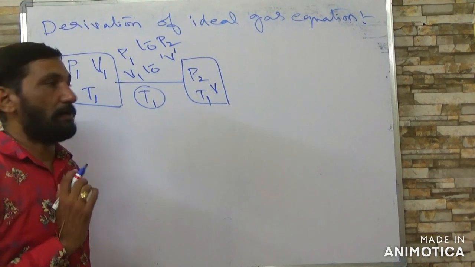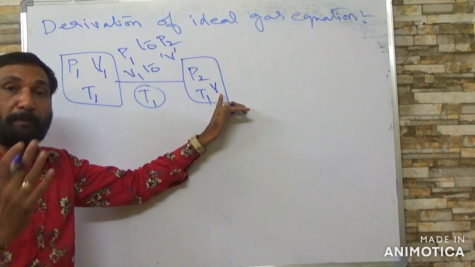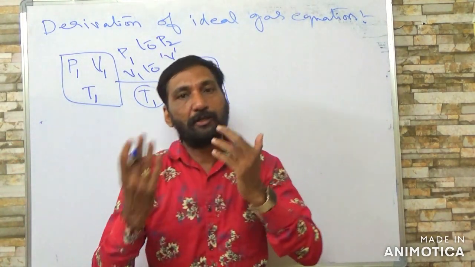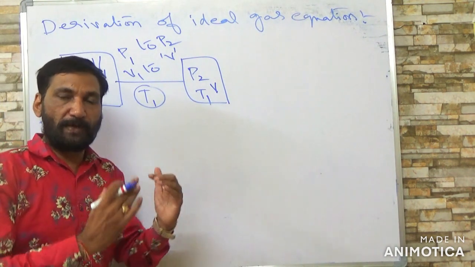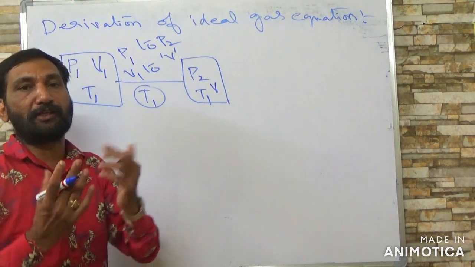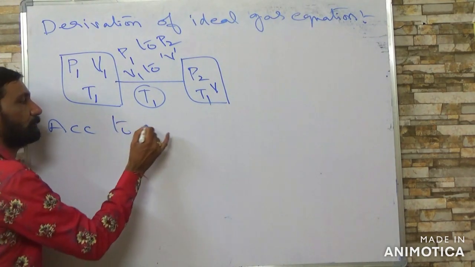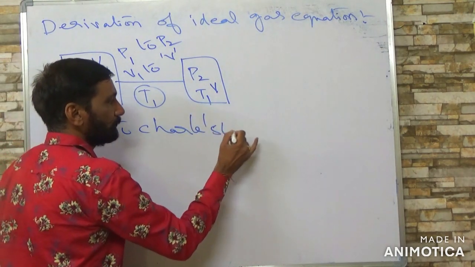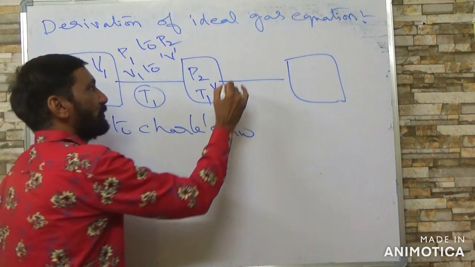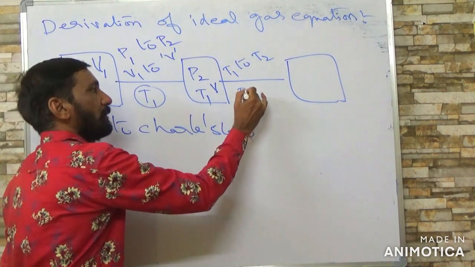According to Charles' law, as you increase the temperature, the corresponding volume and pressure both will increase. Because when a gas is heated, pressure changes and volume also changes. So you can keep pressure constant and change volume, or else keeping volume constant, pressure can be changed. So according to Charles' law, suppose the temperature of the gas is increased from T1 to T2 under constant pressure.